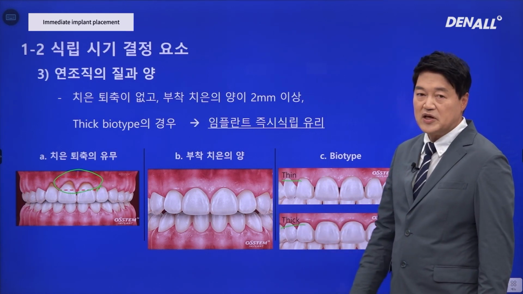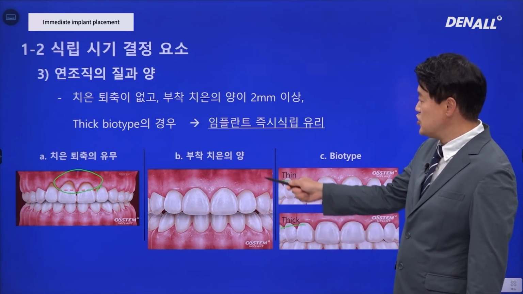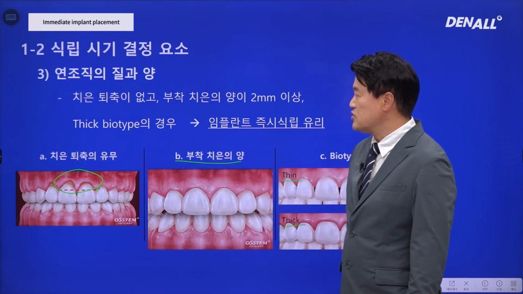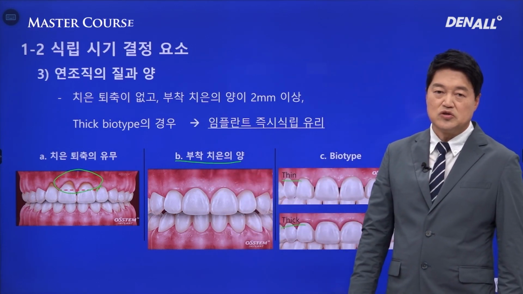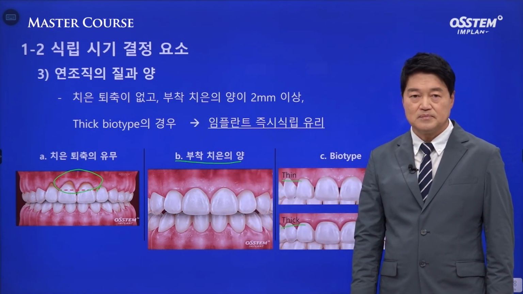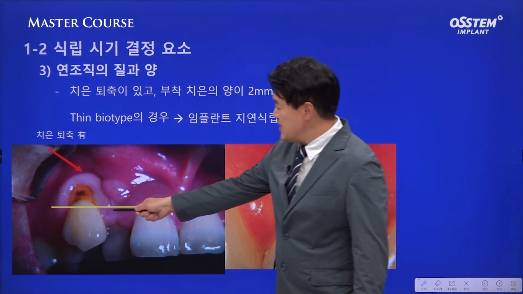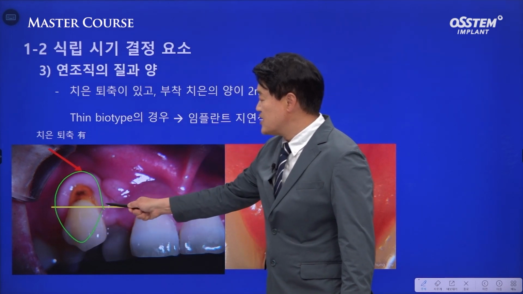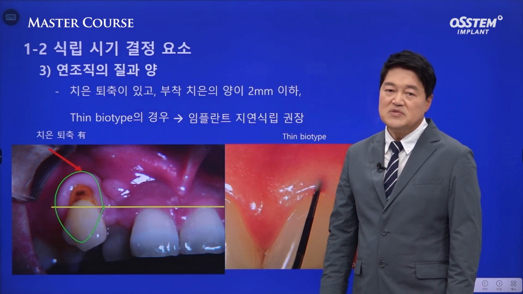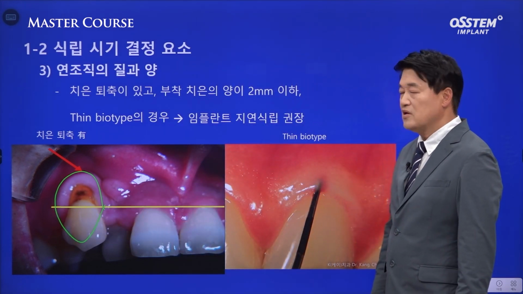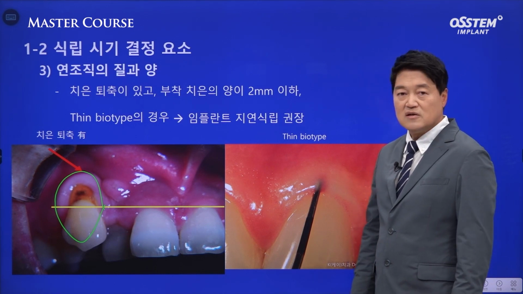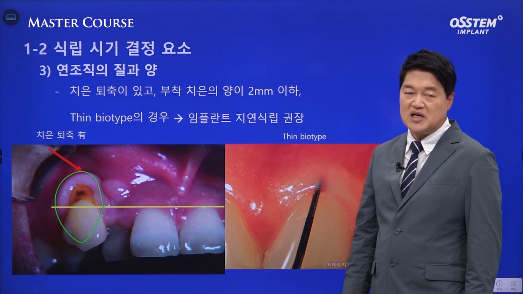Thick biotype would be considered indication. If there's sufficient keratinized tissue, then it would be indication for immediate implant placement. As you can see, if there's a severe soft tissue atrophy, if you do immediate implant placement, unaesthetic results can be. Therefore, we need to wait after extraction.